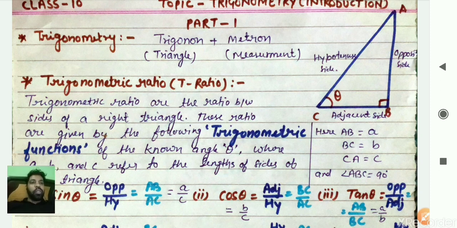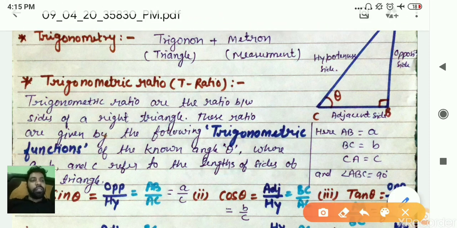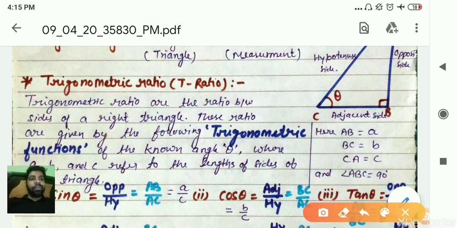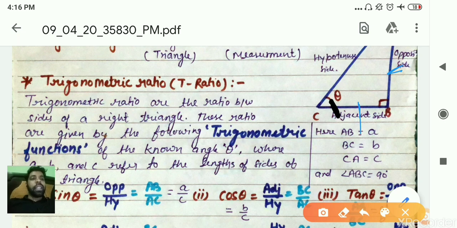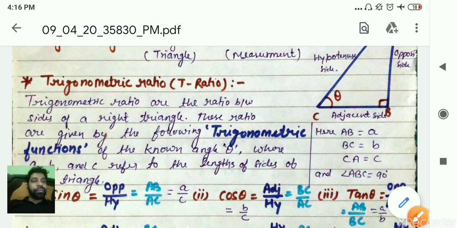For example, as you can see in this figure, there is angle theta. The opposite side of this angle will be the perpendicular side. The adjacent side of this angle will be the base, and the side opposite to the right angle will be the hypotenuse. I hope you got it.